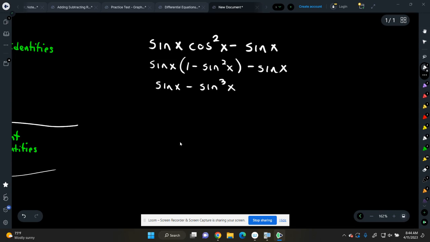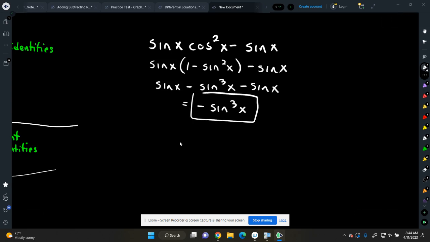I'm distributing the sine x. Then I have sine x minus sine x, so this just equals negative sine cubed x. And now it is simplified.